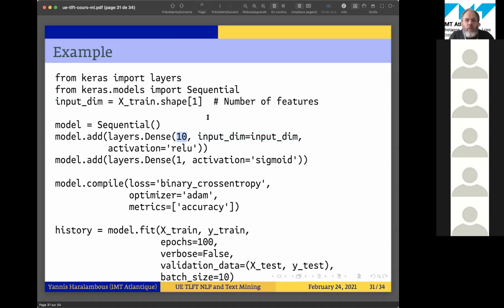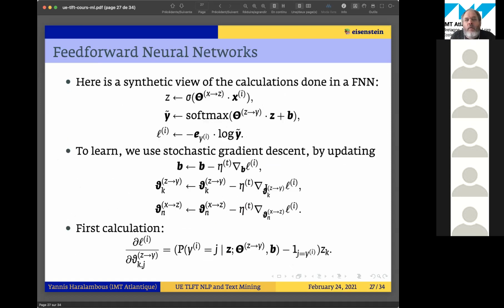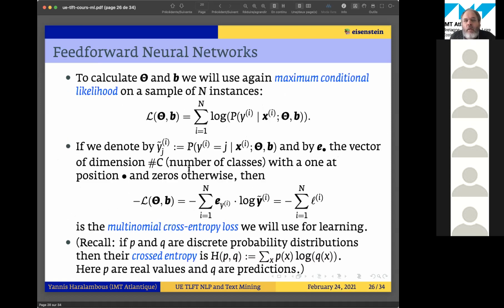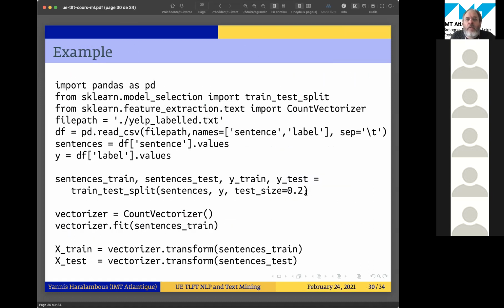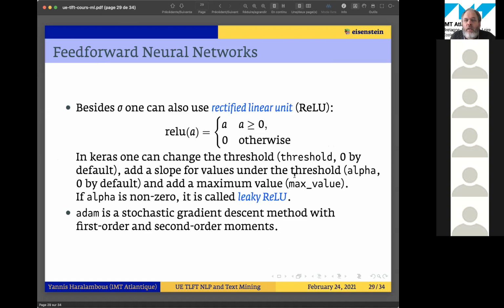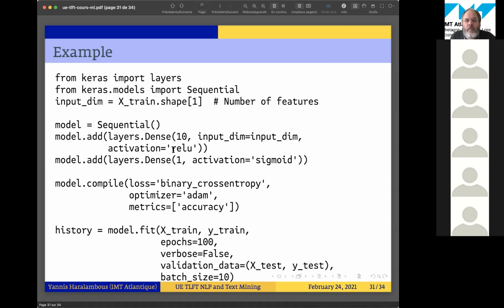You could choose something different. And the activation function, in other words, a function that will be used instead of sigma in this probabilistic model of the first layer, here is ReLU. ReLU is a rectified linear unit.